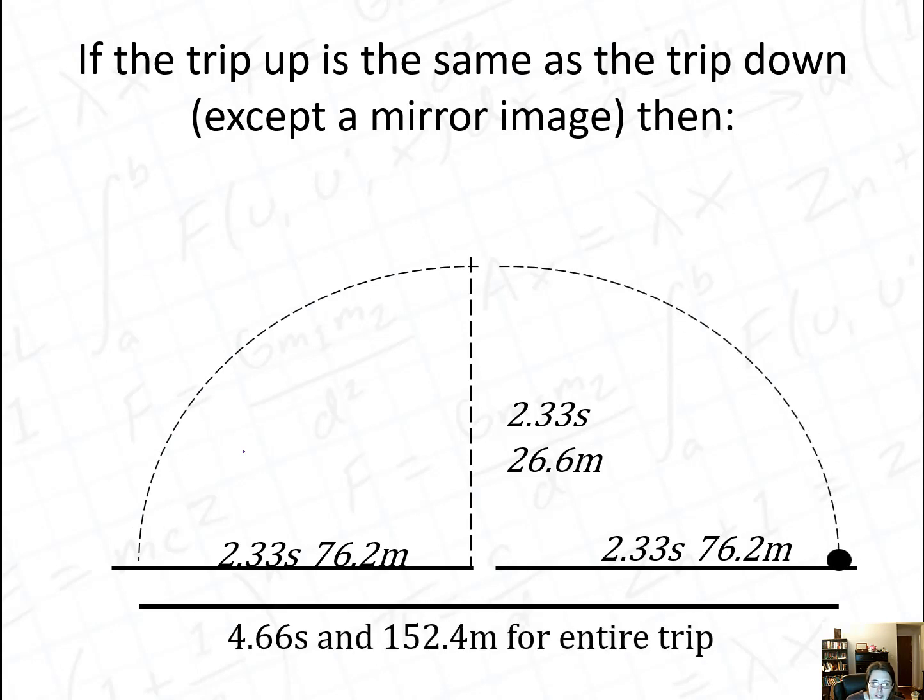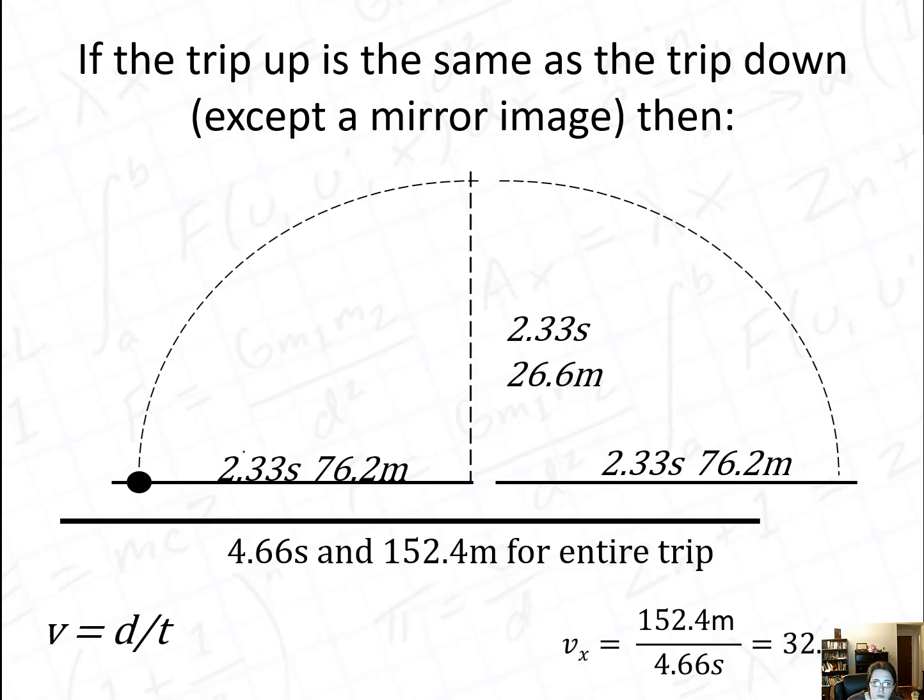And it'll have a time of flight of 4.66 seconds, which is just the time up plus the time down. And the total distance traveled in the x direction, in the horizontal direction, is 152.4 meters. So to find the velocity in the x direction, we're going to take this total distance and divide it by this total time.